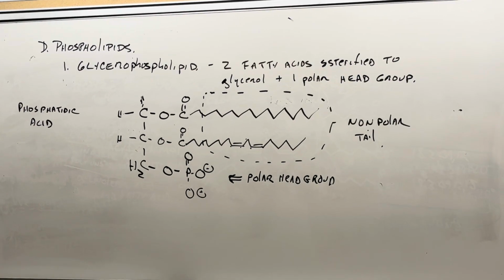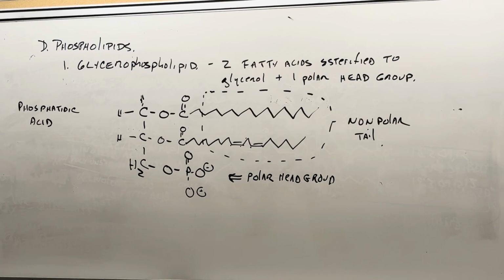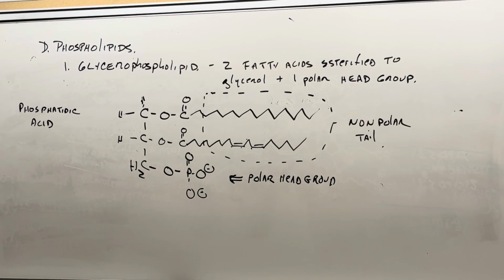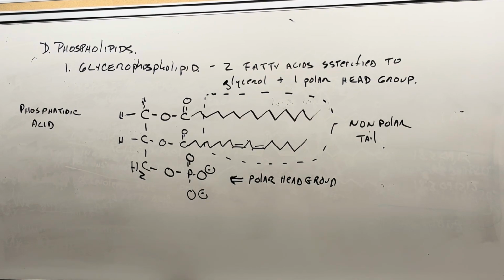So what we'll often see it depicted as is something like this, where each one of these is a phospholipid, and when we have a bunch of them, we form a bilayer. Have you guys seen this kind of depiction before? Something like that, right?